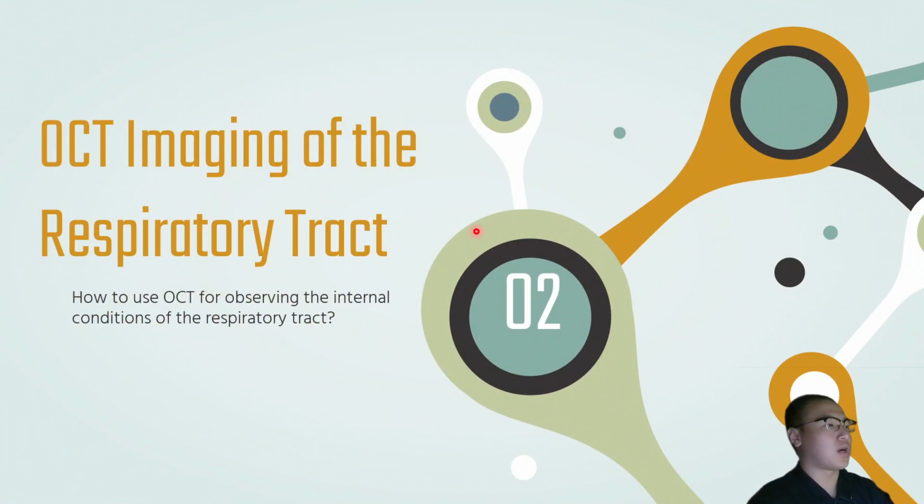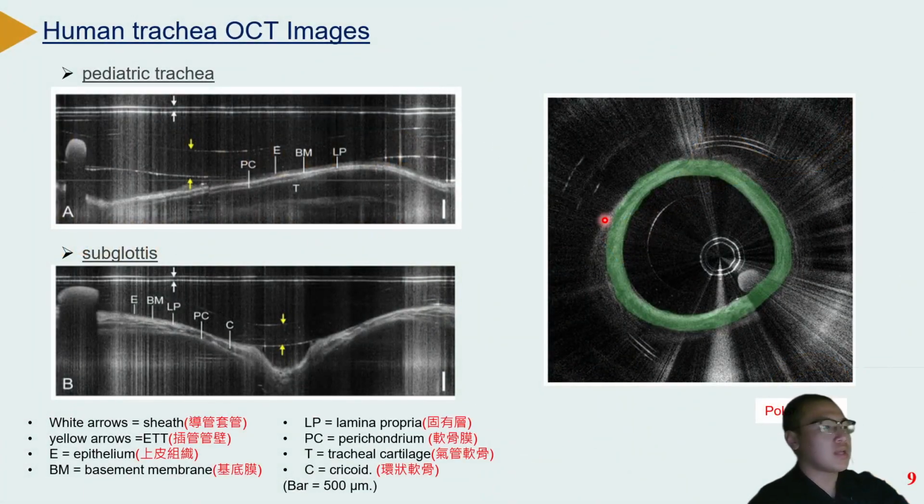So in my second part, I will tell you about the OCT image of the respiratory tract and how to use OCT to observe the internal conditions of the respiratory tract. In OCT, we can see the 2D image on the left.